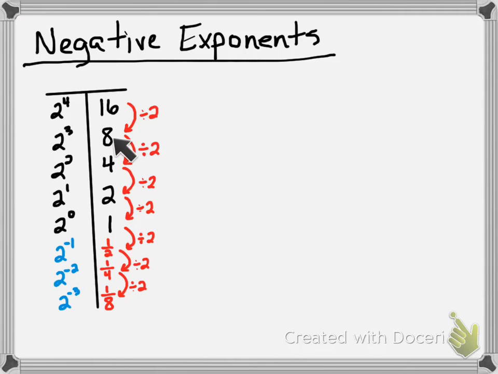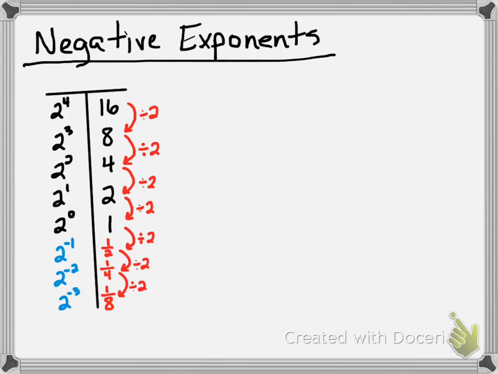One step took us 4, then the next step took us 2, then 1, then 1/2, then 1/4, and 1/8. So we keep getting smaller and smaller. The more negative the exponent gets, the smaller the value gets, the closer to 0.